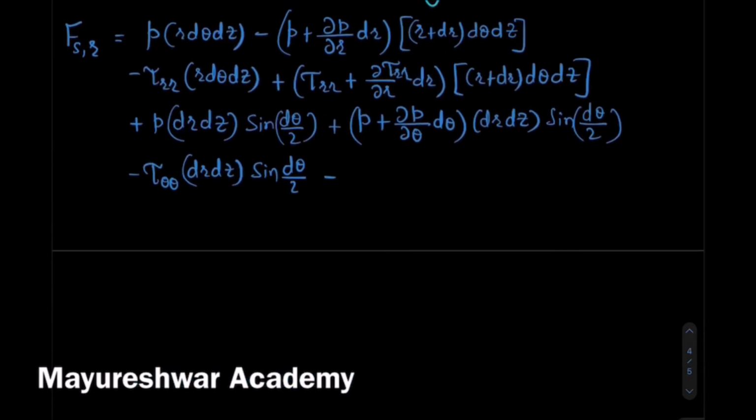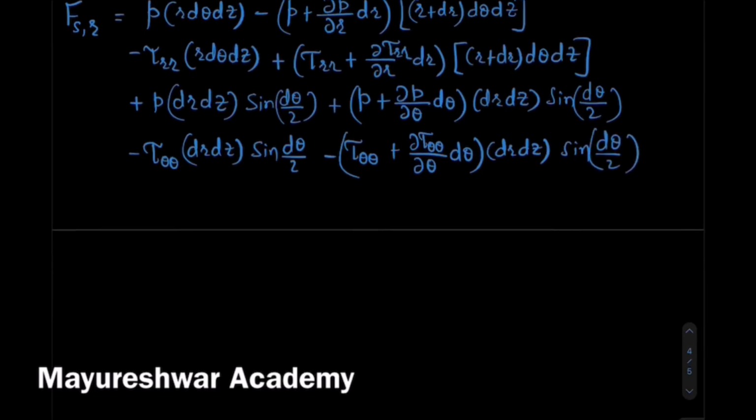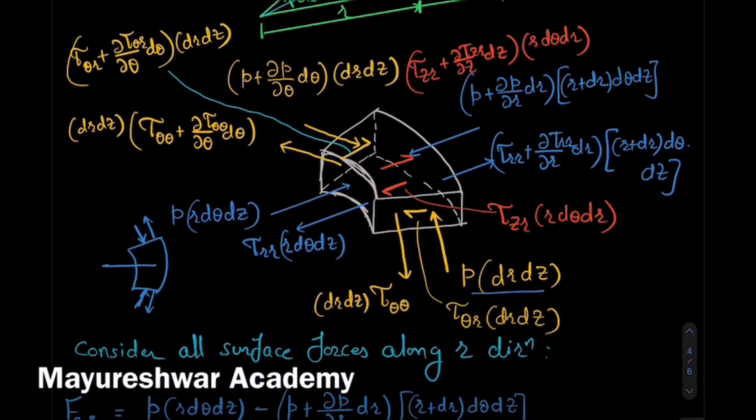So these are normal stress components, plus tau theta, the second component. Both these normal stress components are going to be tensile in nature and are along negative r directions.